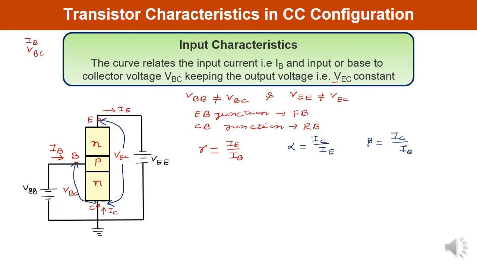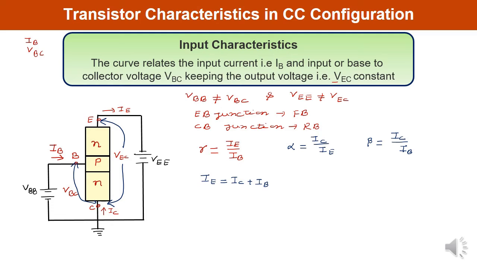You can derive the relationship between alpha, beta and gamma as well. You must remember it by using the equation of current, which is IE, the sum of IC plus IB. Just by rearranging the terms you can derive the relationship between alpha, beta and gamma.